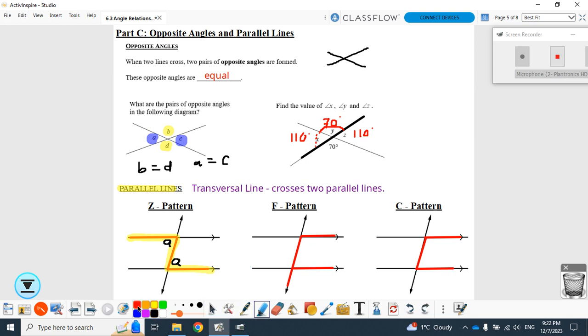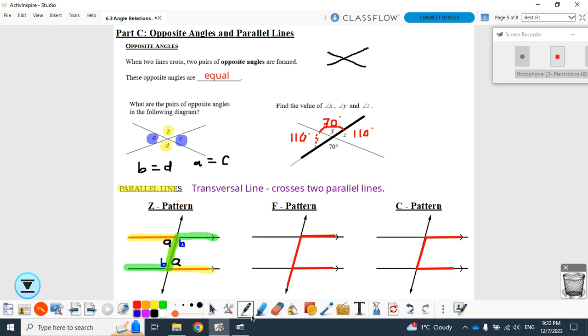Now, the Z pattern can go normally like a Z, and it could also go backwards, I'll do this in green, such that the other armpits of the Z, like this over here, B, would equal B. Those two angles would be equal to one another. So Z's can go forwards and backwards.